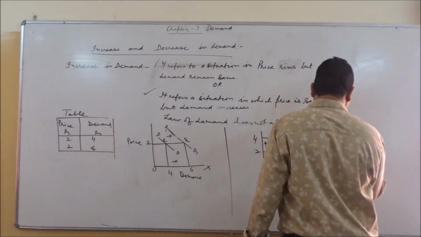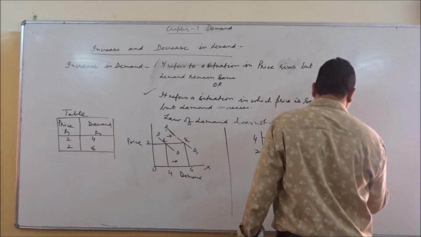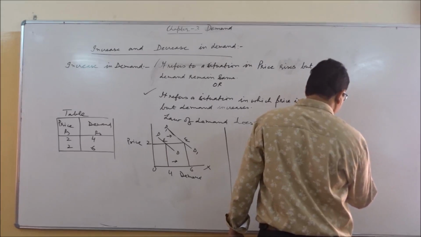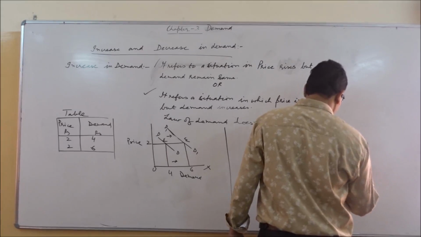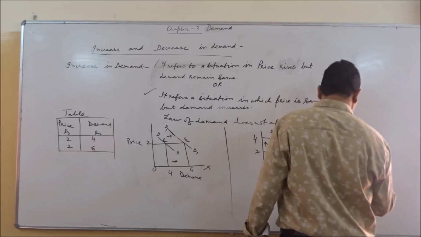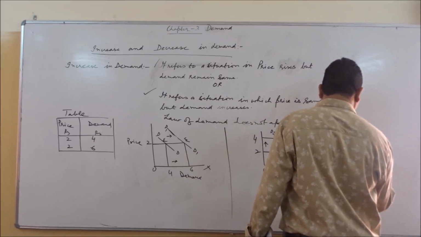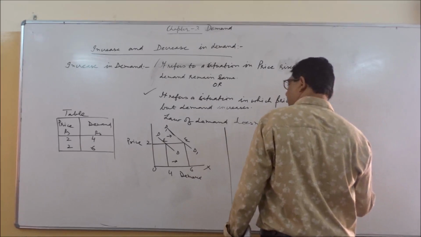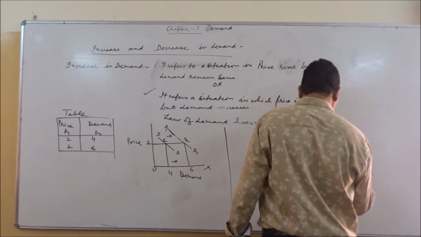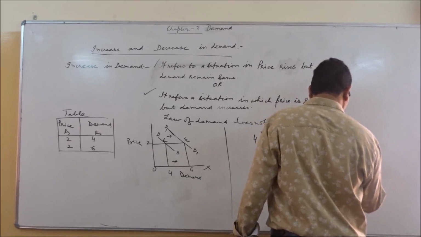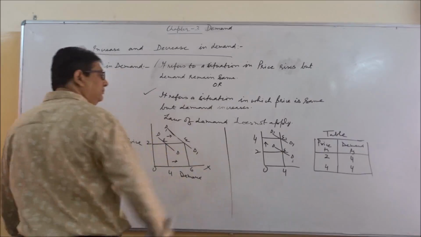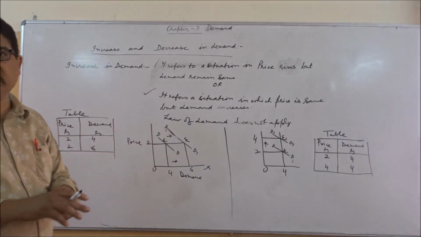Table: price, demand, price 2, 4, 4, 4. In this case, price is fluctuating, increasing.